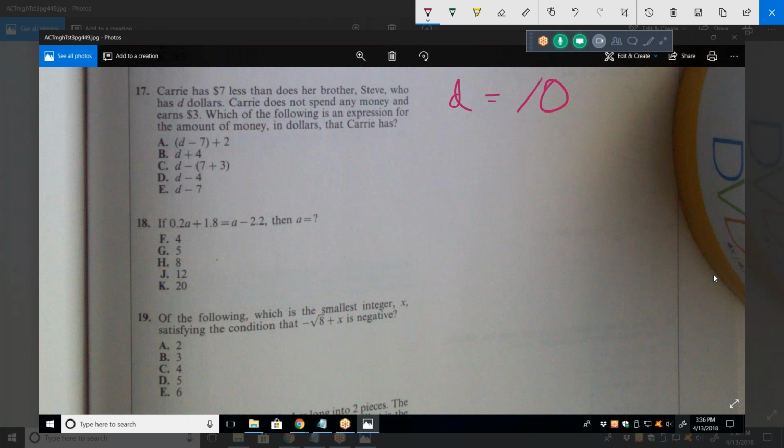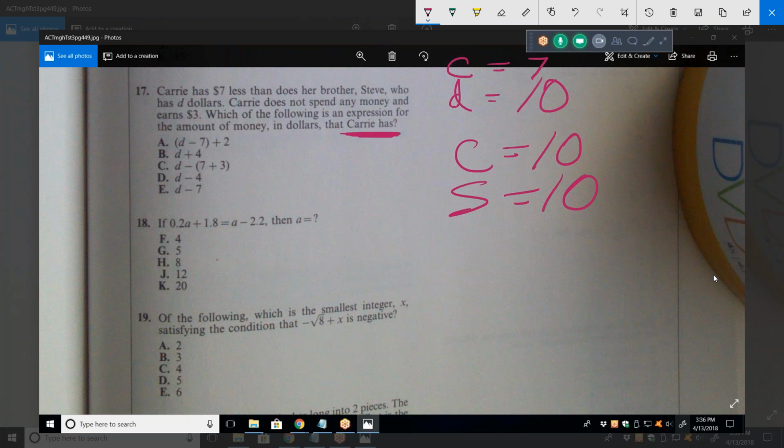Carrie does not spend any money and earns $3. So Carrie started with 7. Her brother Steve started with 10. And now if Carrie earns 3, she has 10. Steve still has 10. Which of the following is an expression for the amount of money that Carrie has?